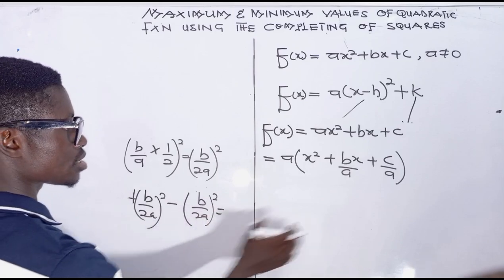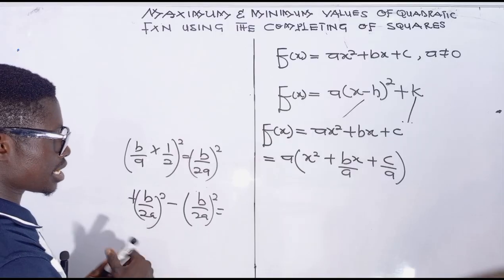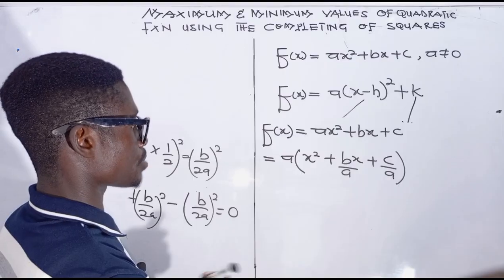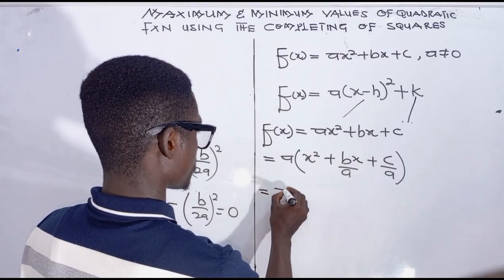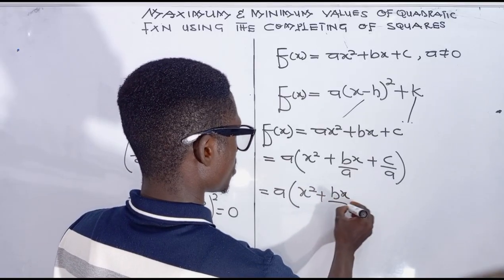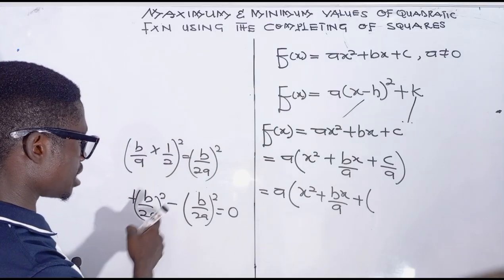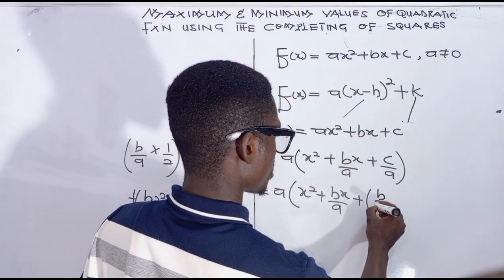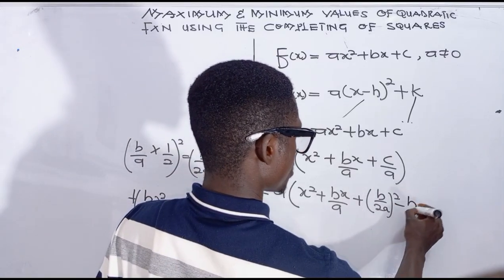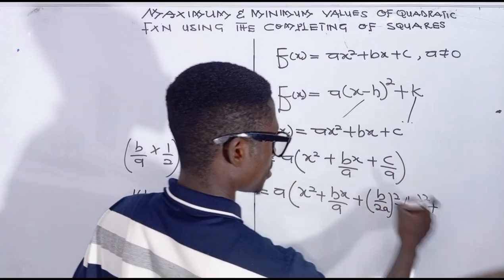We are going to add this to the expression here, and you agree with me that when we sum this together, it is going to give us 0. So it means we have done nothing to the expression. Plus b all over 2a all squared. Then we have minus b all over 2a all squared plus c all over a.